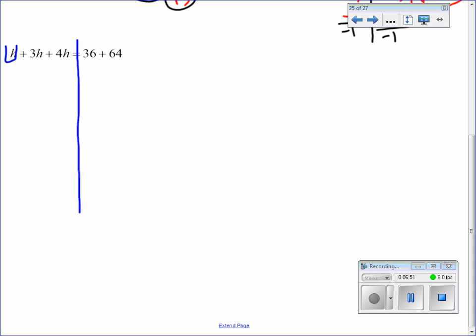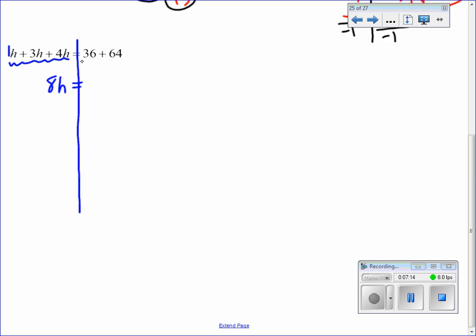Well, we have multiple things that we can combine here. You've got h, your 3h, and your 4h. I'm going to erase those because it kind of covers up the numbers, but you can see that all of these have the same variable, so we can combine them. Remember, this h is the same as 1h, so you're going to have 1 plus 3 is 4, plus 4 is 8h.